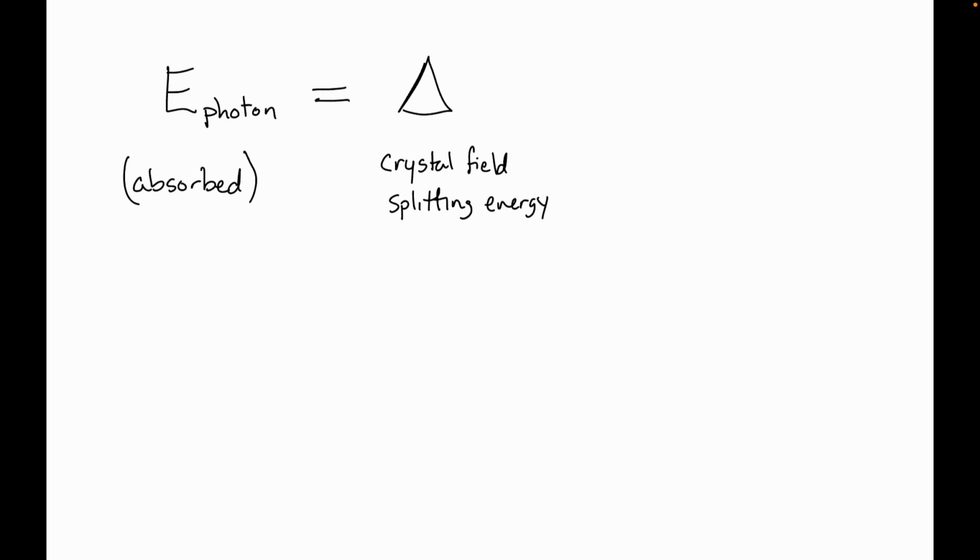So that means that for these transition metal complexes, by monitoring what photons are being absorbed, we can actually measure that energy difference between those orbitals. Okay? The energy of a photon is something that was well established by Einstein and crew as being what's called Planck's constant times the speed of light divided by the wavelength.